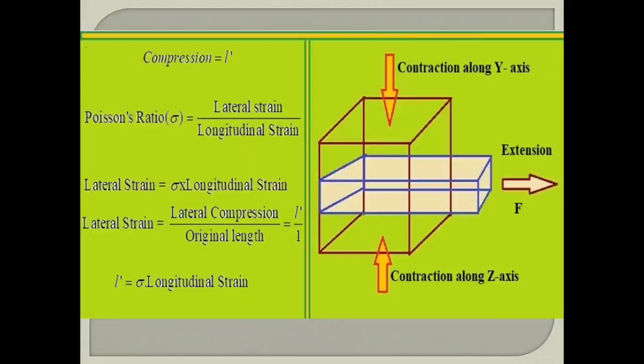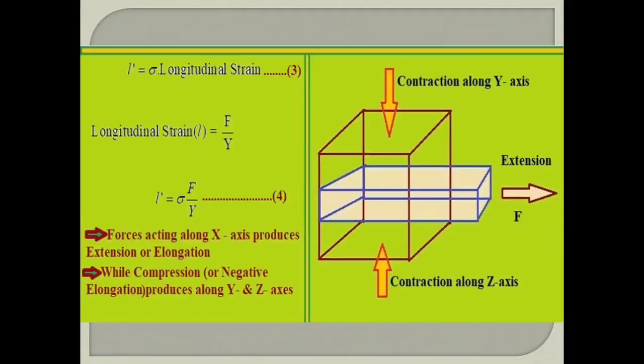The longitudinal strain l is equal to capital F divided by Y. We know that we have derived it earlier. Hence, L dash is equal to sigma into capital F divided by capital Y, and this is equation 4.